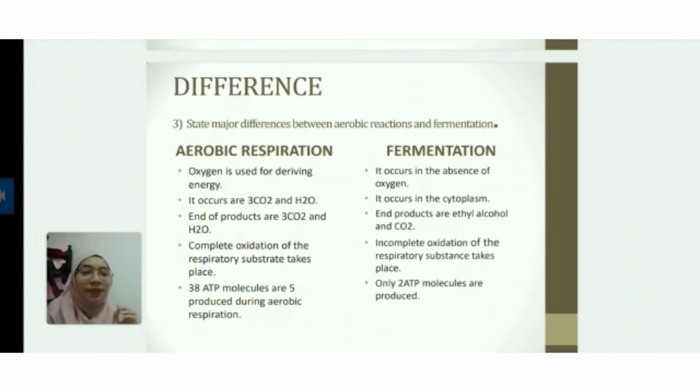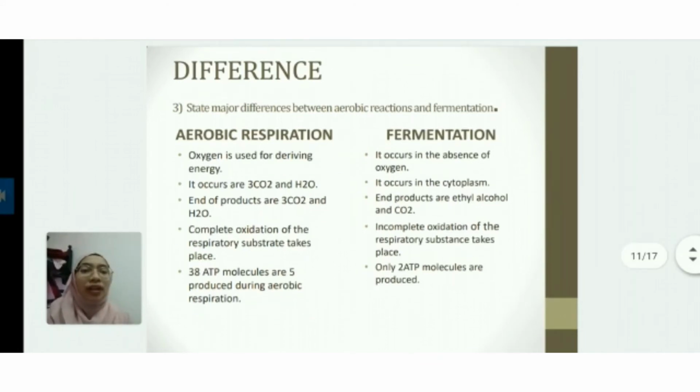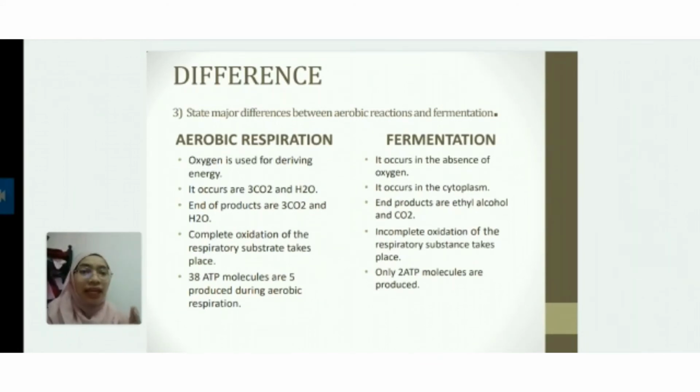Aerobic respiration produces CO2 and H2O. Fermentation just occurs in the cytoplasm. The end products of aerobic respiration are carbon dioxide and H2O, but the end products of fermentation are ethyl alcohol and carbon dioxide.